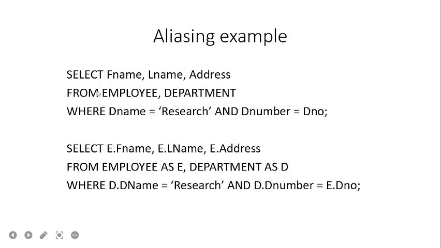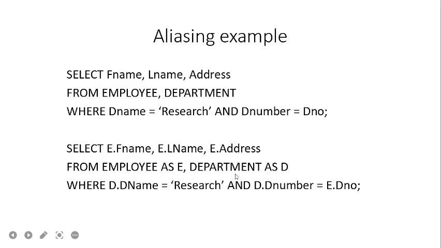Another example: select F name, L name, address from employee, department, where D name is equal to research. That is, it will list names and addresses of employees who work for the research department.